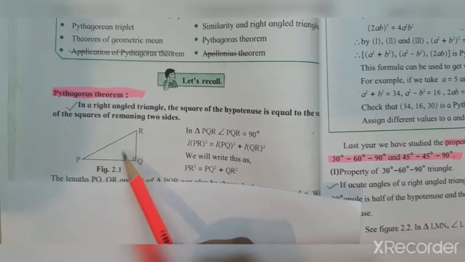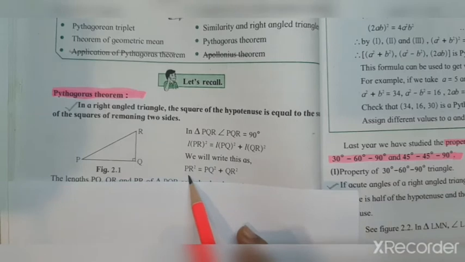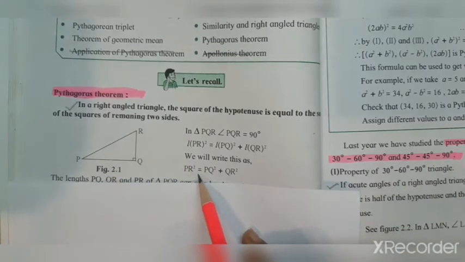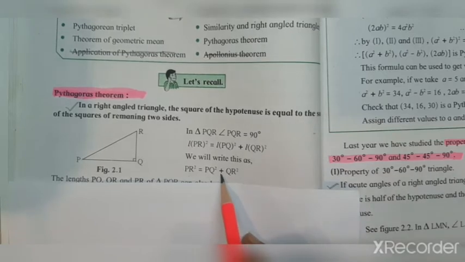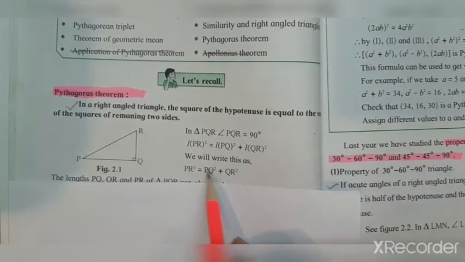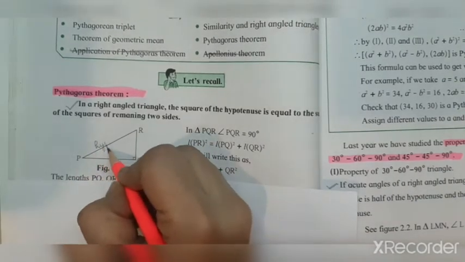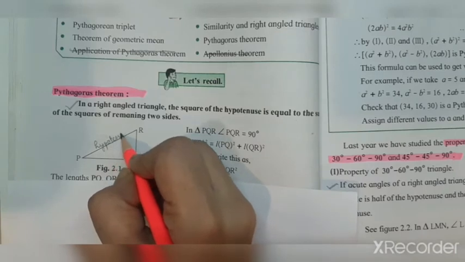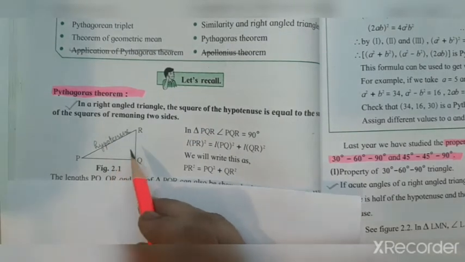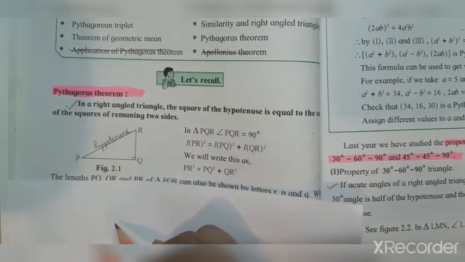So PR we will call the hypotenuse. This you have studied again in the earlier standard. So we take the square of the hypotenuse, and here they have mentioned it is equal to the sum, that is the addition, of the squares of the remaining two sides. Now if PR becomes the hypotenuse in this particular figure, the remaining two sides are side PQ and side RQ or QR.